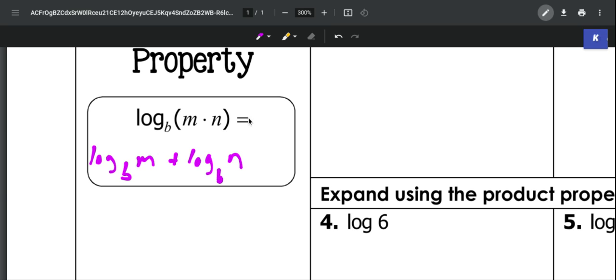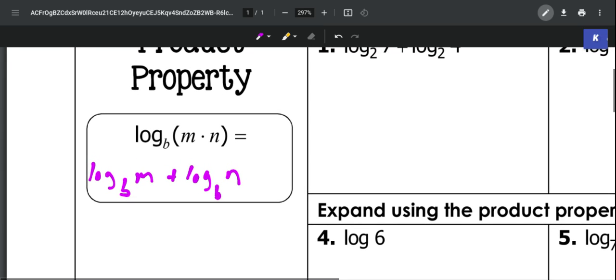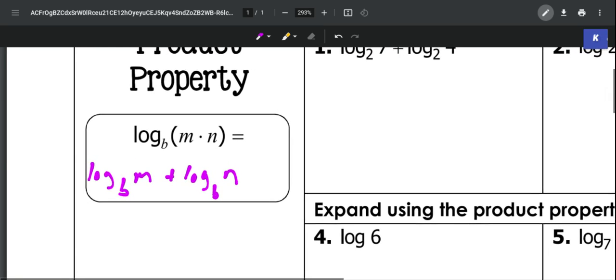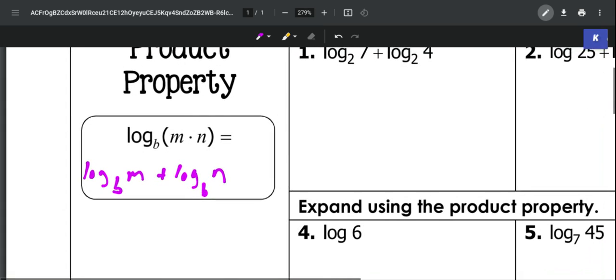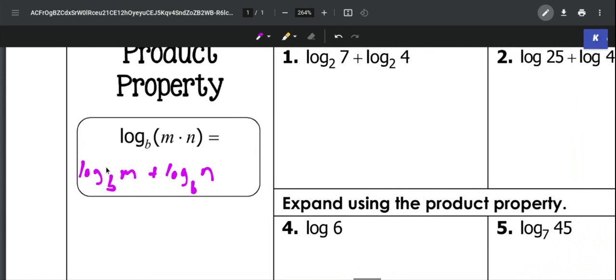So essentially, when you're multiplying with logarithms, you rewrite them as adding. If two logarithms are added together with the same base, you can rewrite that as multiplying.